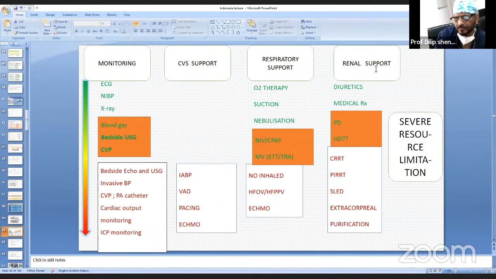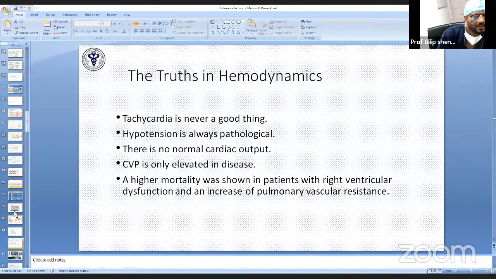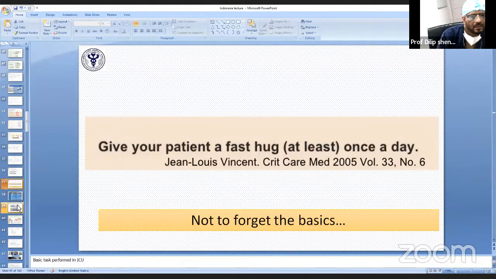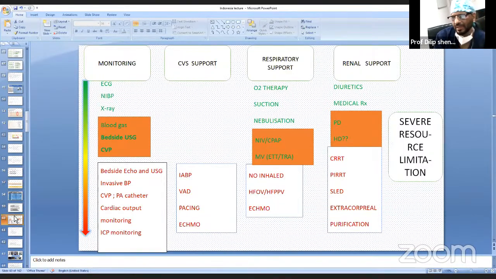In a severe resource limitation setup, you can have ECG, X-ray, NIBP; cardiovascular support you cannot have any. Respiratory support: oxygen therapy, suction, nebulizer. Here you can have vasopressor drugs and everything. Renal support: diuretics and medical treatment.